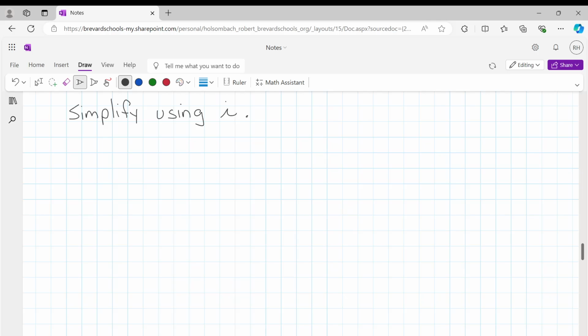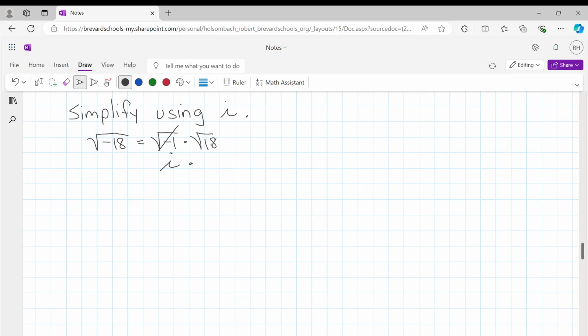So if you're given something like the square root of -18, the first thing you do is you pull the negative out. The square root of -18 is equal to the square root of -1 times the square root of 18. Since the square root of negative 1 is equal to i, we can replace the square root of negative 1 with an i.